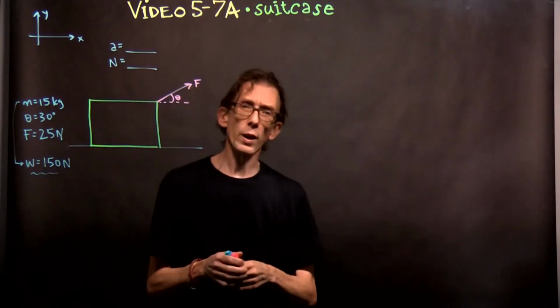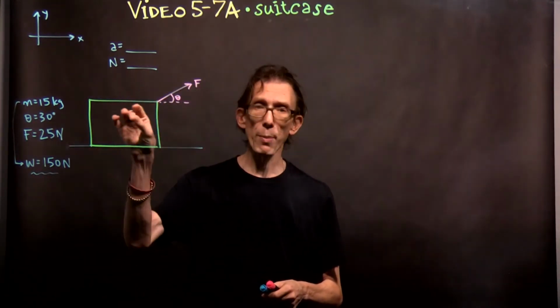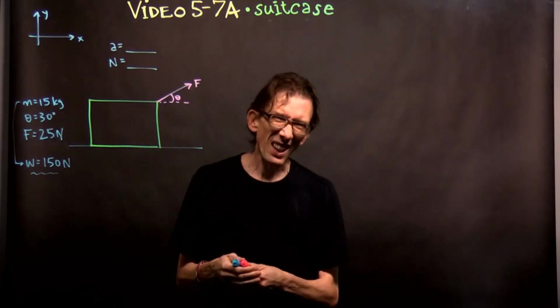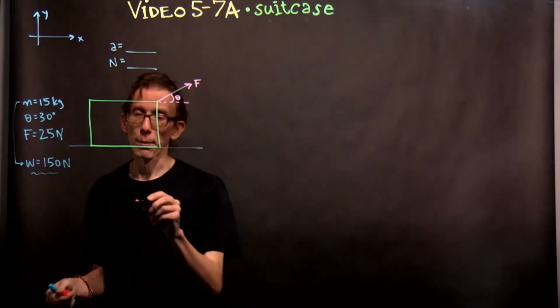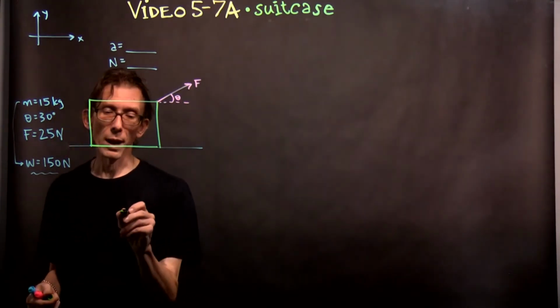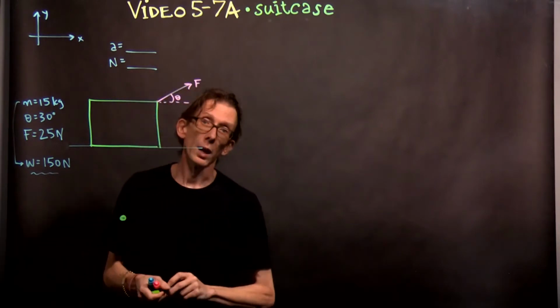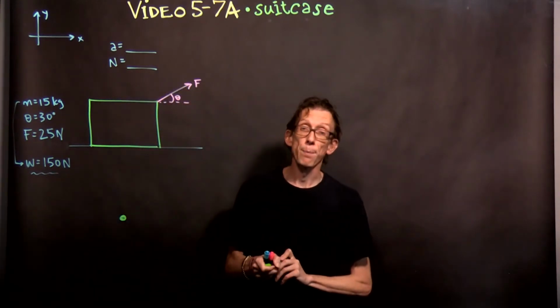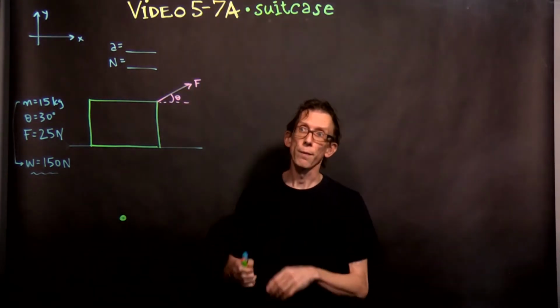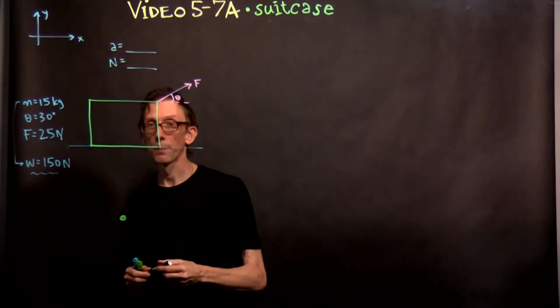Sometimes it's okay to draw the free body diagram on the actual drawing, the physical picture. Sometimes I think it's easier to draw it separately. In this case, I want to make it separate. It's less clutter to draw a free body diagram separate from the physical picture of the suitcase, or whatever the object happens to be.